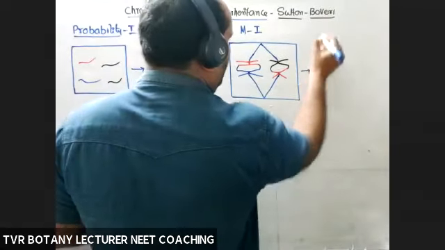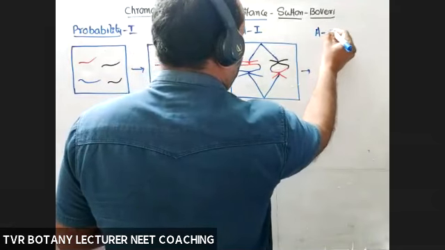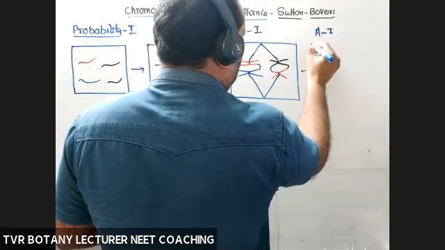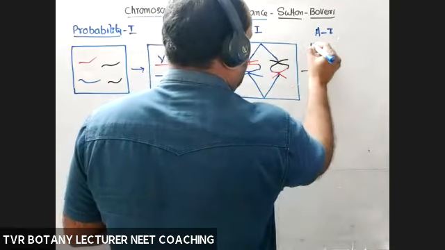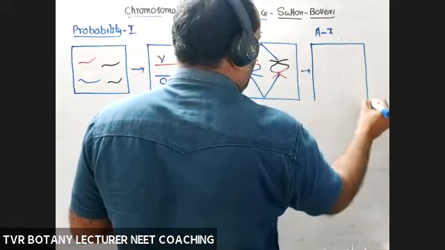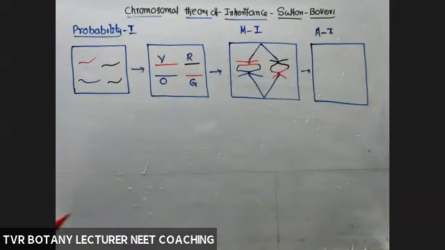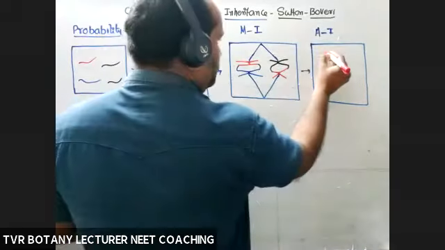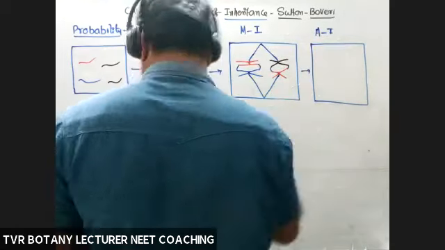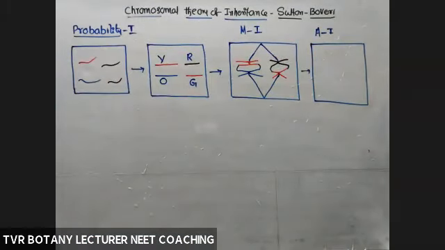So now go for anaphase 1. During anaphase 1, homologous chromosomes present in a bivalent are pulled in opposite directions. Okay, so this is a yellow colored chromosome.